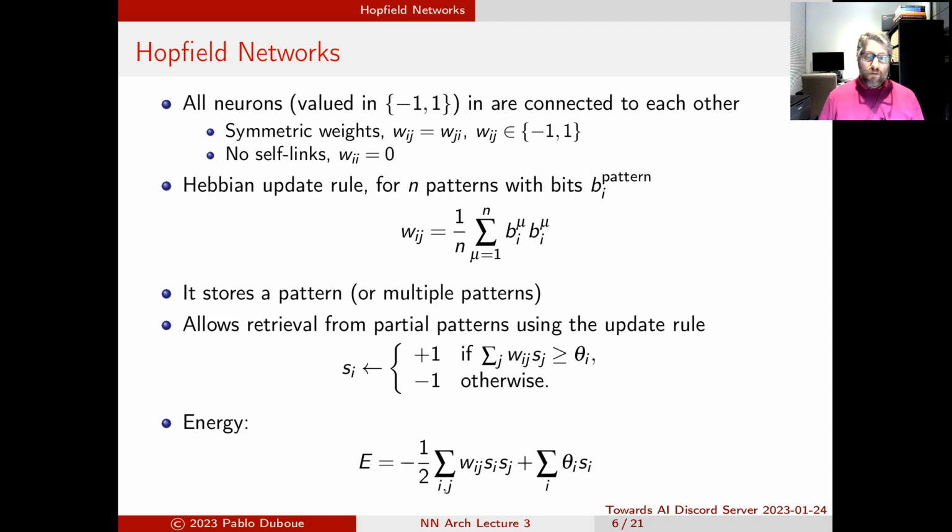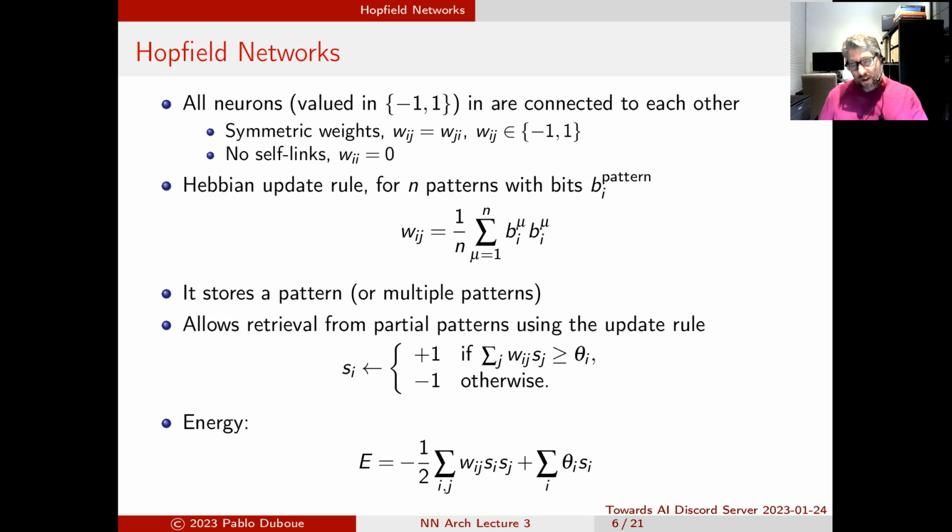So with this update rule, what we do is we take the Hopfield network with these fully connected neurons and try to store patterns on them. So we try to store a number of patterns in the network, and the capacity of the network is one of the main things you study when you study Hopfield networks.